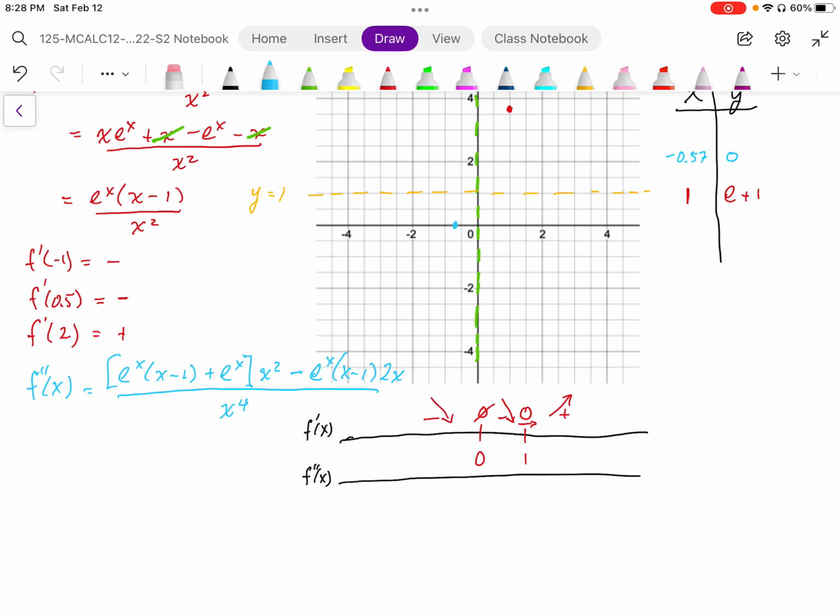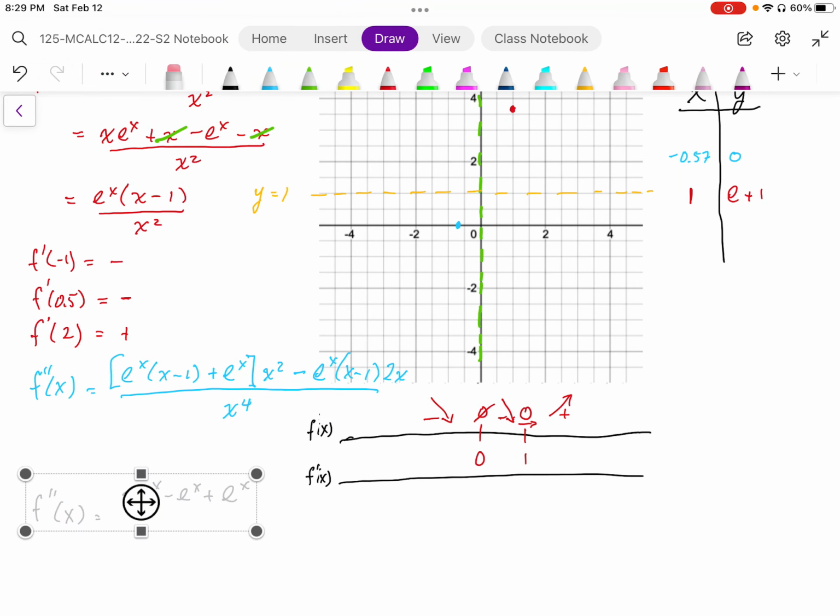So there we go. I'm going to come down here a little bit. So working out the numerator, x e to the x minus e to the x plus e to the x.